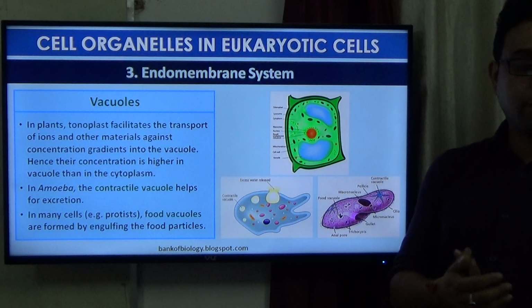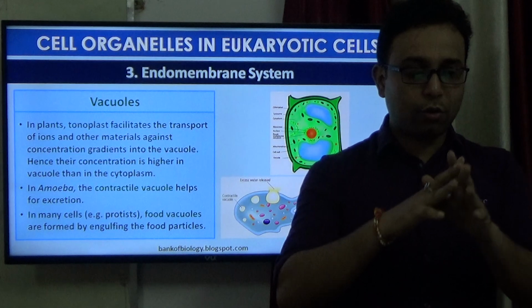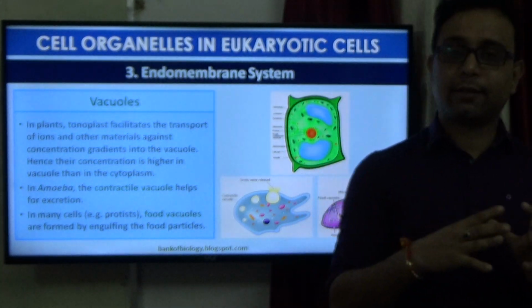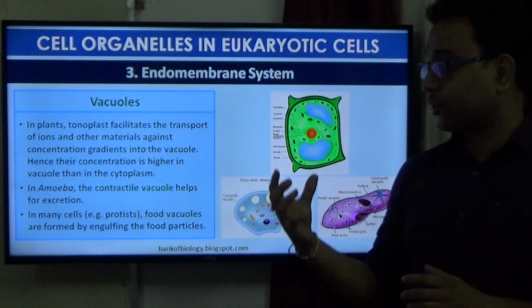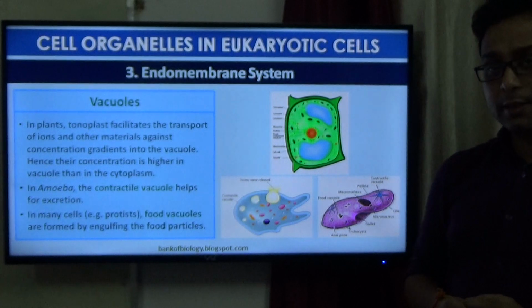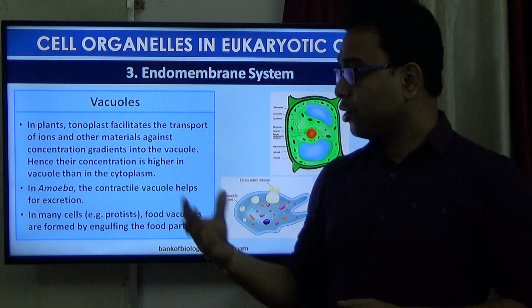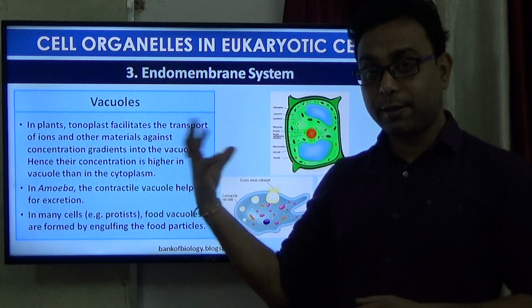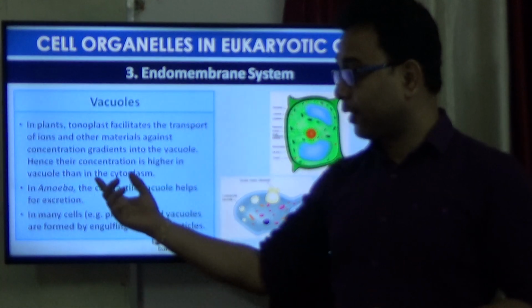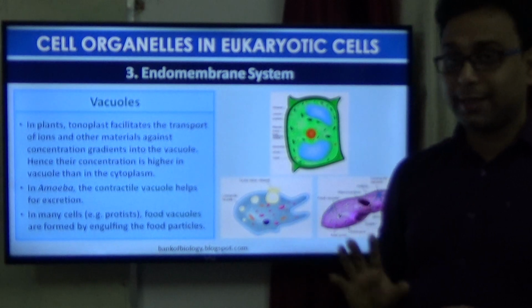In plant cells, the tonoplast helps to facilitate the transport of ions and other materials against the concentration gradient into the vacuole. That means from low to high concentration. So active transport is happening here, and the concentration is higher in the vacuole than in the cytoplasm.